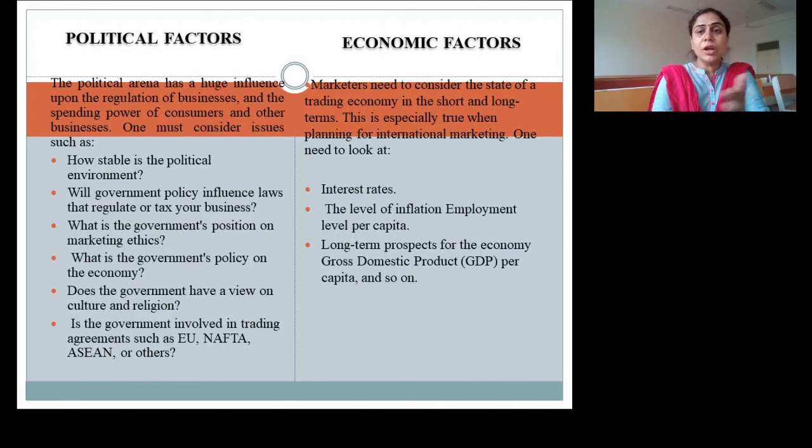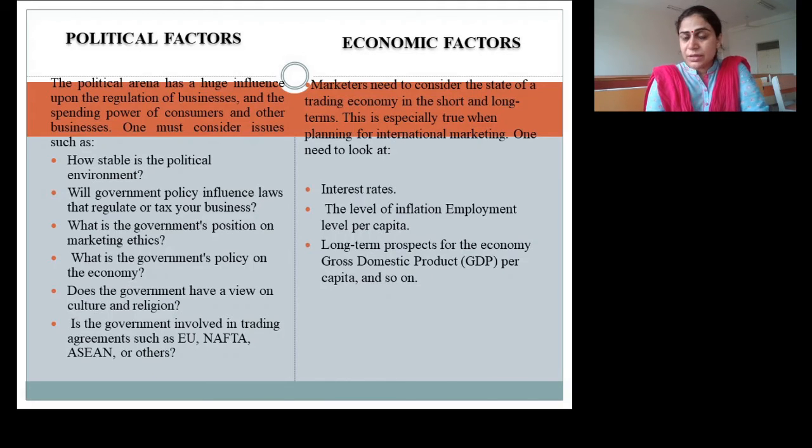Then we have political and economic factors, going into detail. The political arena has a huge influence upon the regulation of business. We all know that changing government norms, changing legislative functions, changing statutes, and any amendments in the reservation policy or the recruitment policy affect the company's internal environment also. How stable is the political environment? Will government policy influence the taxpayers?